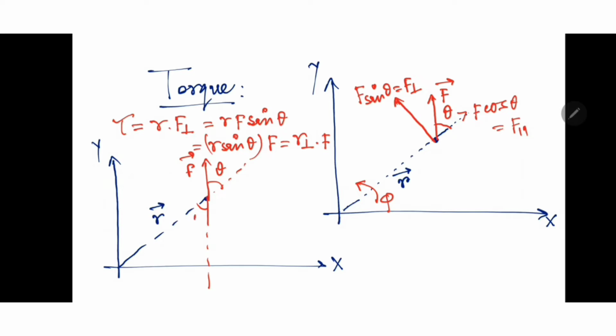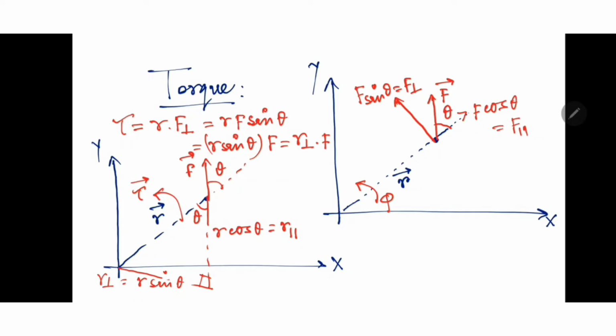Therefore, this angle also equals theta. This is r sin theta, that is r perpendicular, and this is r cos theta, that is r parallel, and this is tau vector.